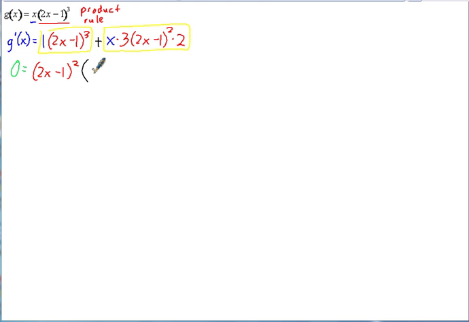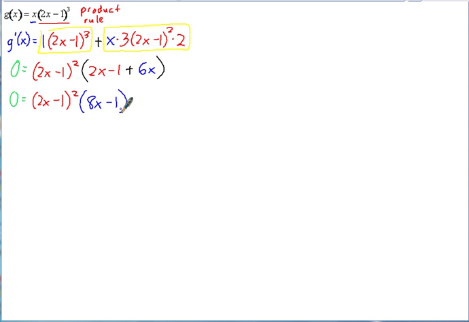We factored out 2 of those already, so there's only 1 left. Plus, this one we factored out all the 2x minus 1 squareds, so all that's left is x times 3 times 2, so 6x. So we have 2x minus 1 squared, and combining like terms, that becomes 8x minus 1.